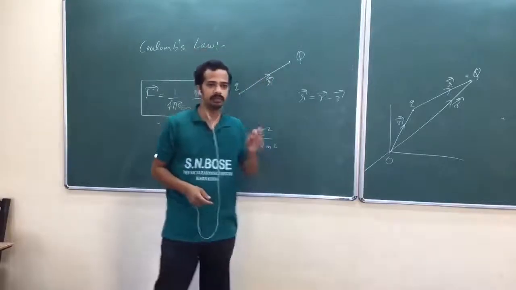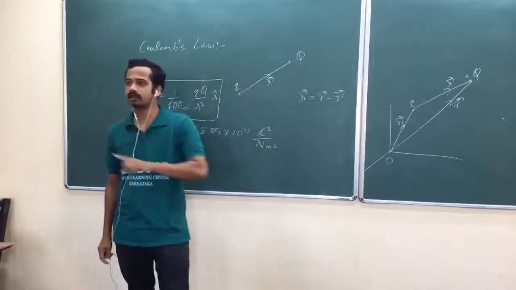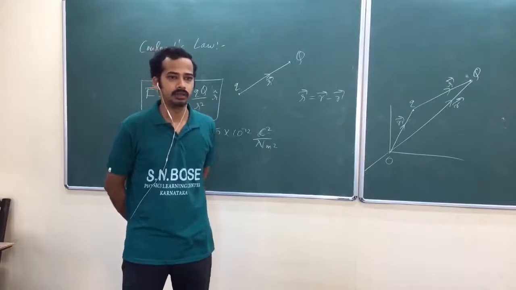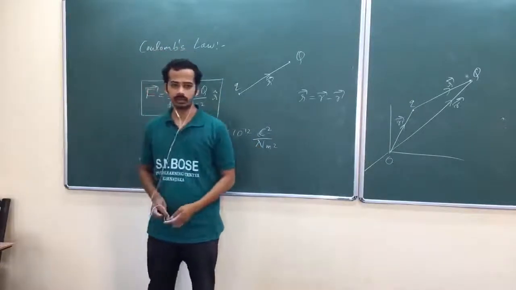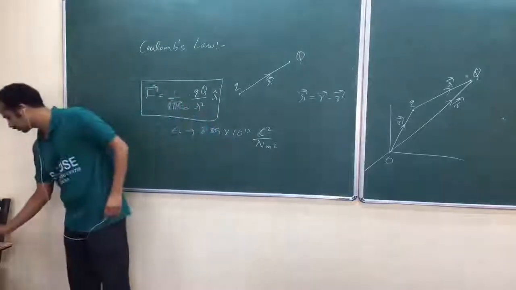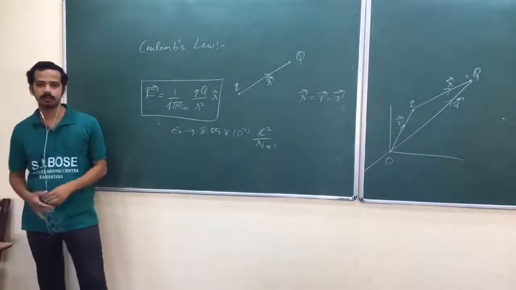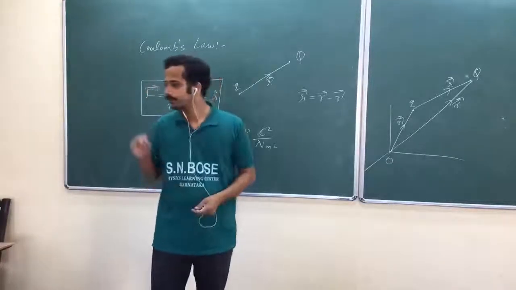Regular polygon means each side should be equal, and similar charges are placed at the vertices of the polygon. What is the net force on the charge at the center? Just think over it and try to solve. I think that's 2.1 and 2.2, the first and second problems in the second chapter.